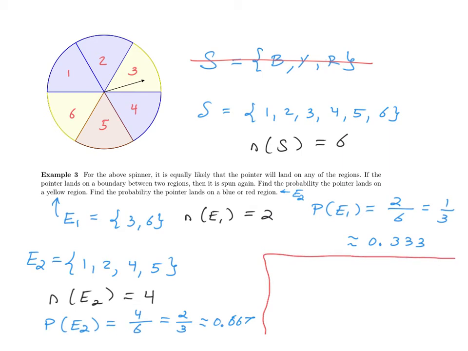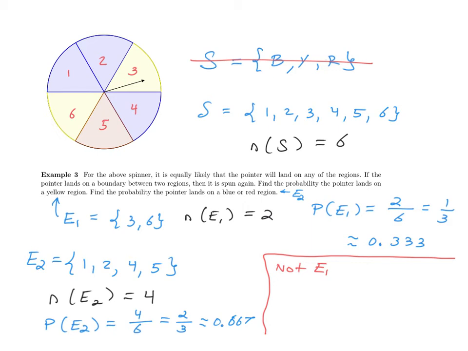I defined event E1 to be the event that we land here or here. What does it mean if we take the event not E1, meaning that this did not happen? Said another way, that means we are not landing on a yellow region. So you're not getting a 6 or a 3.